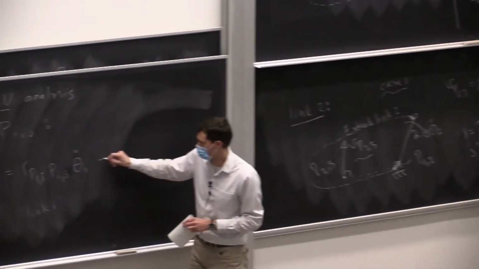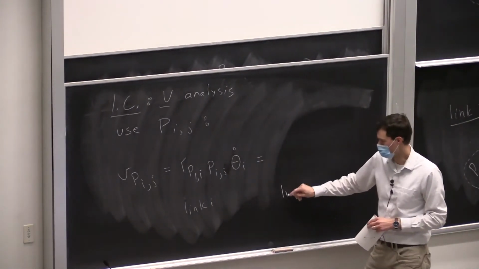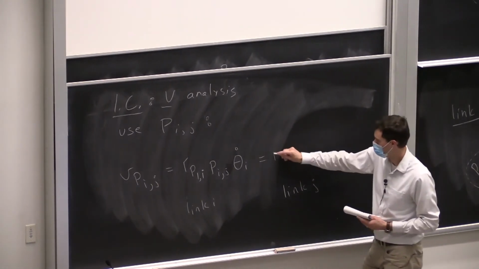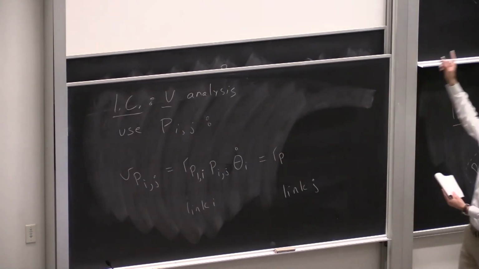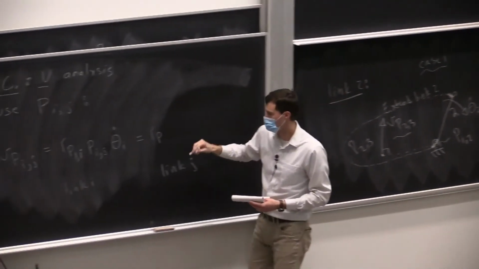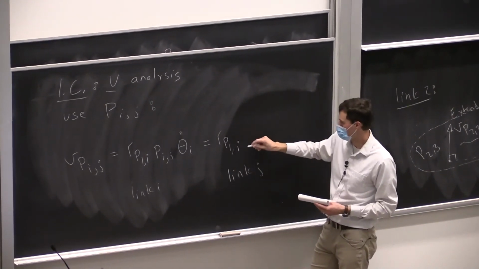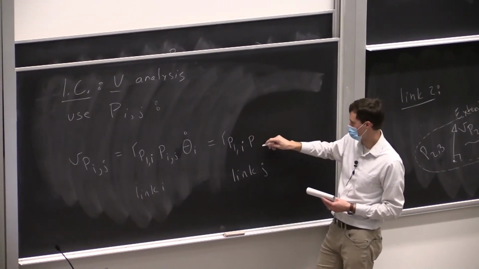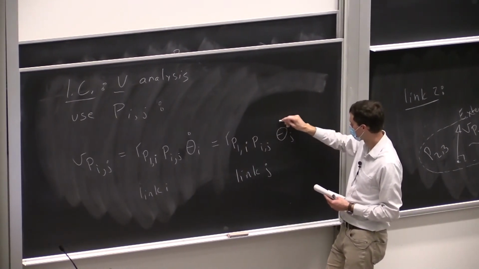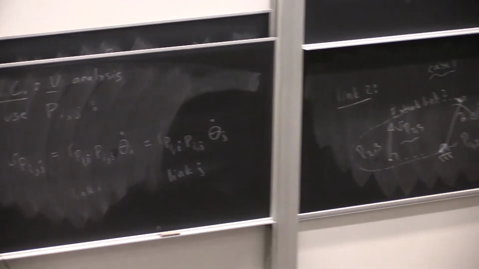So that's acting like it's on link i, and we'll go through that process. Then you're going to act like it's on link j. So now we're looking at equation 2 up there, and I'm replacing 1 with 2, 2 with i, and 3 with j. Okay, so this is our instance center general equation.